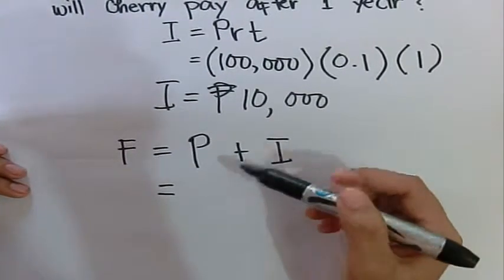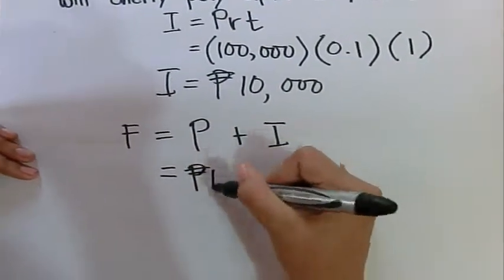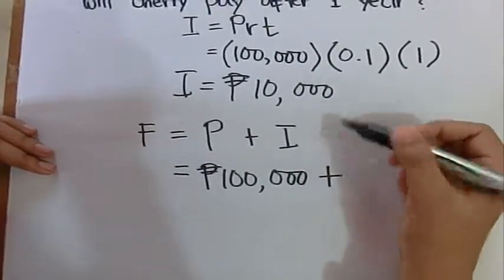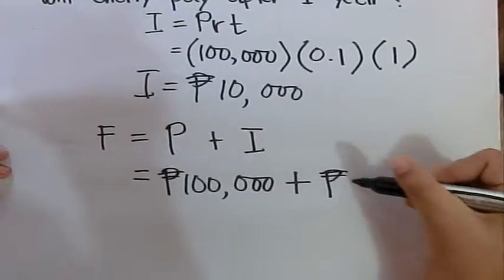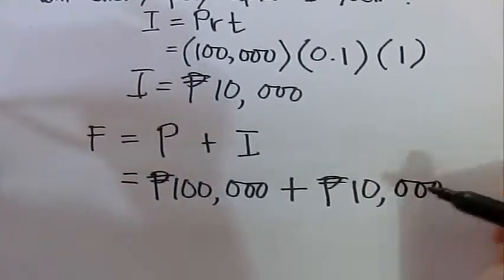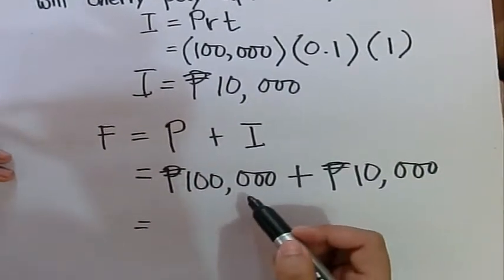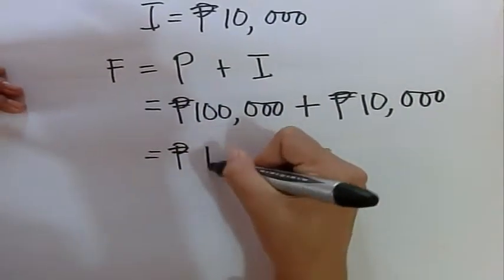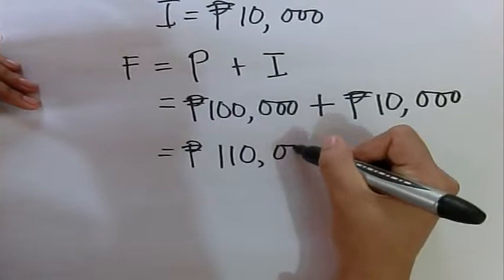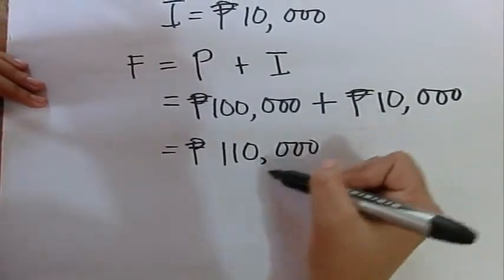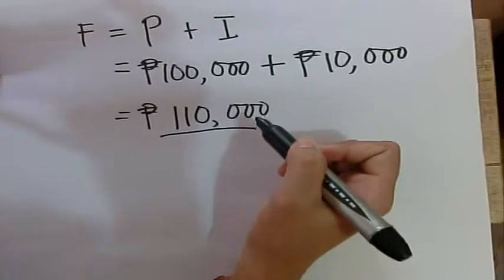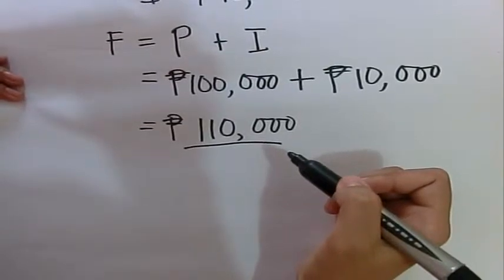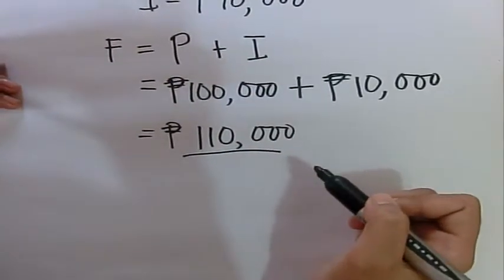So our principal amount is 100,000 pesos and our interest is 10,000 pesos. So 100,000 pesos plus 10,000 pesos is equal to 110,000 pesos. This is the amount that Cherry will pay back to Bank 1 after 1 year.